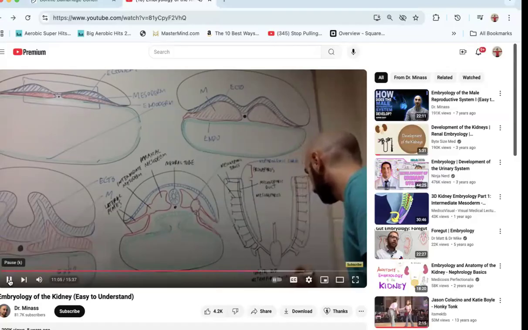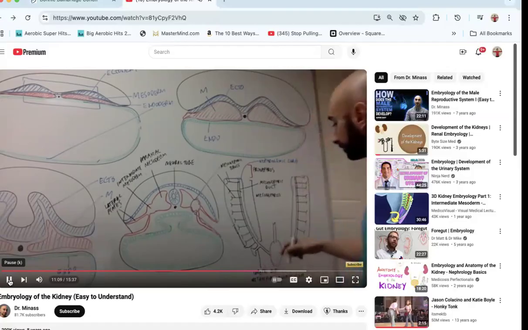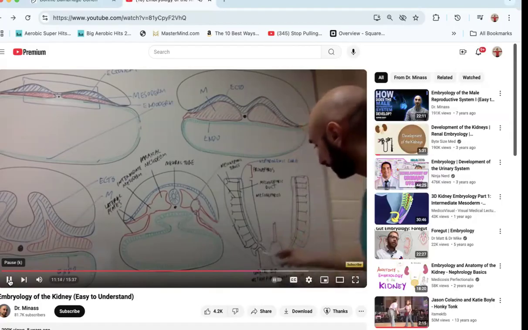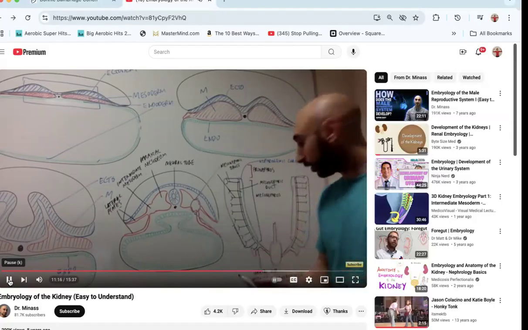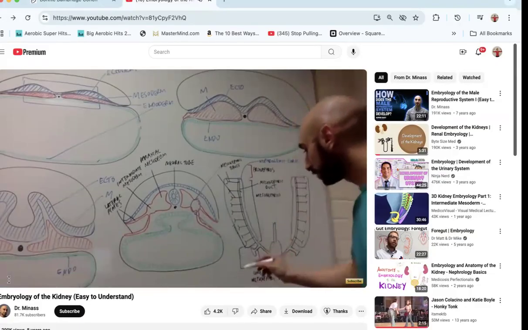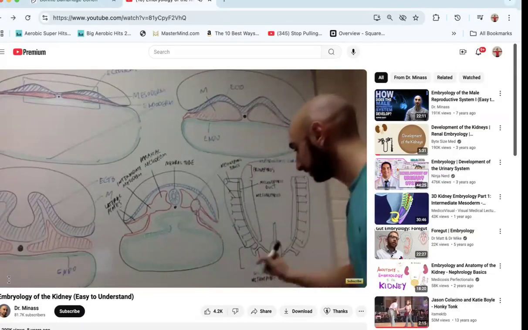Just so you know, in Bonnie's video, it's called the ureteric bud, from the word ureter. This bud, the metanephric diverticulum, is part of the final, permanent stage of the kidney, which is called the metanephros.